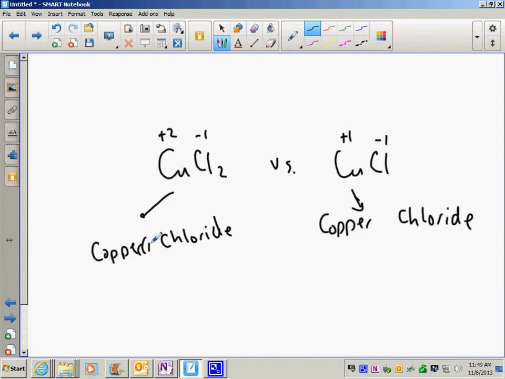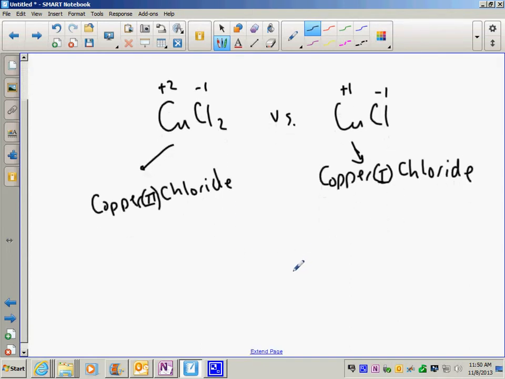Parentheses, 2. Again, that 2 is not referring to a quantity at all, and students will quite often get mixed up with that 2 being 2 chlorines. It's not. It's referring to the charge here. This guy is going to be simply parentheses 1. Common metals that have multiple charges would be copper +1 or +2, iron +2 and +3.